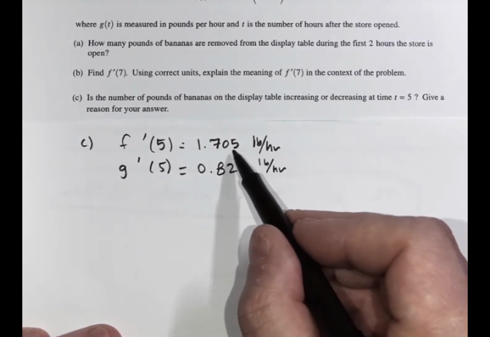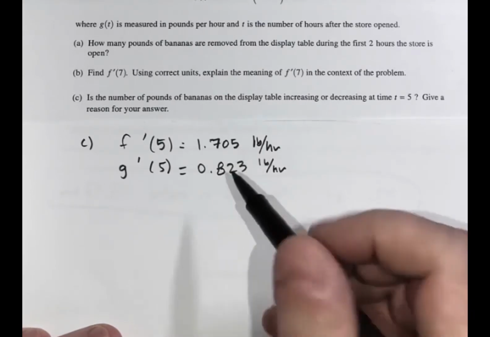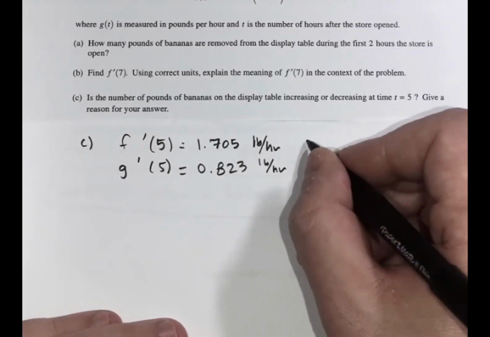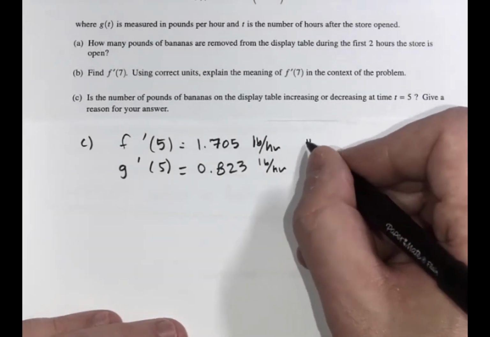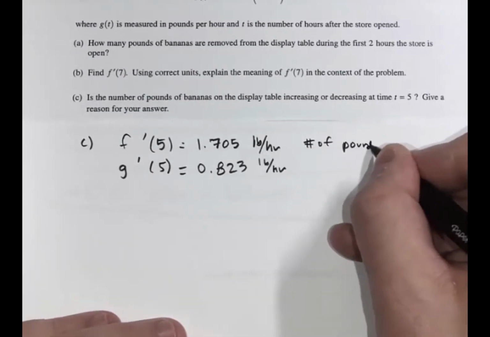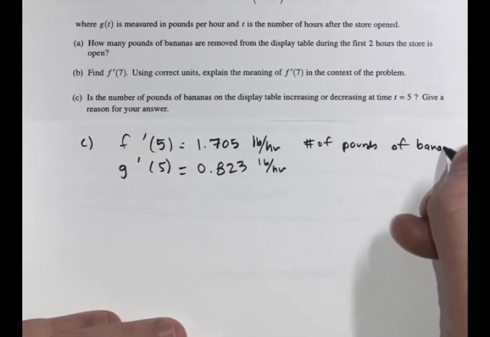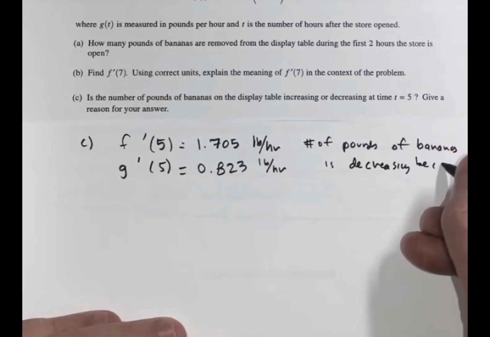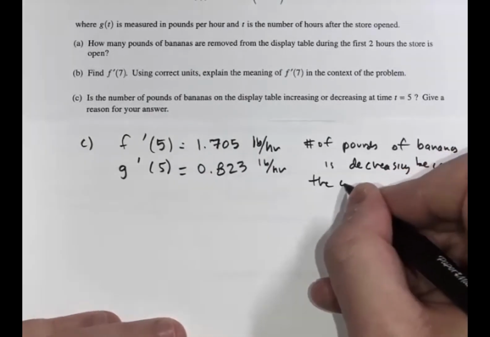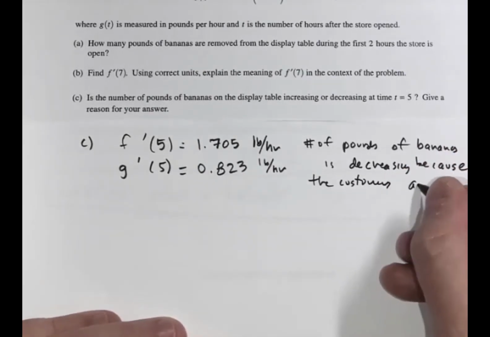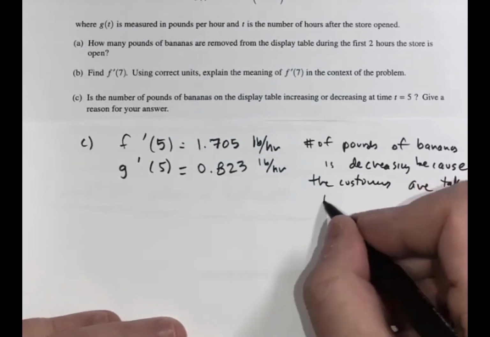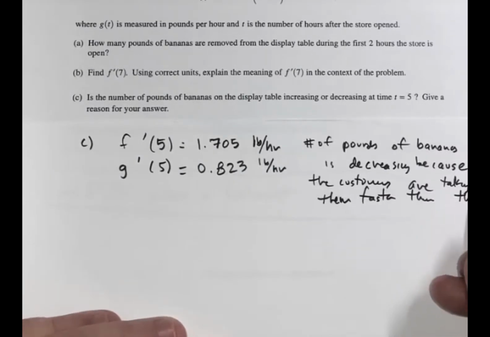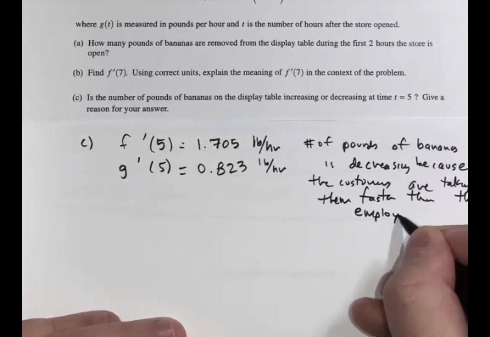So the consumers are taking them faster than the stockers are putting them on. And so therefore I would say the number of pounds of bananas is decreasing because the customers are taking them faster than the employees are stocking them.